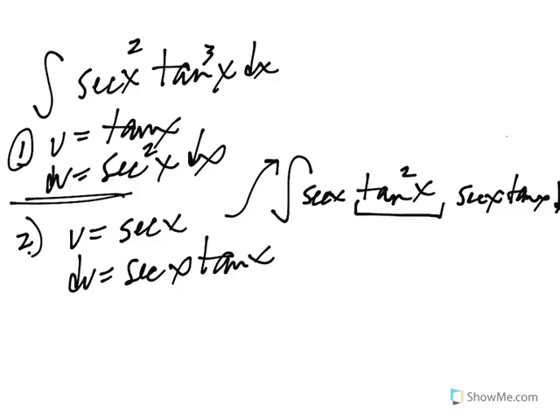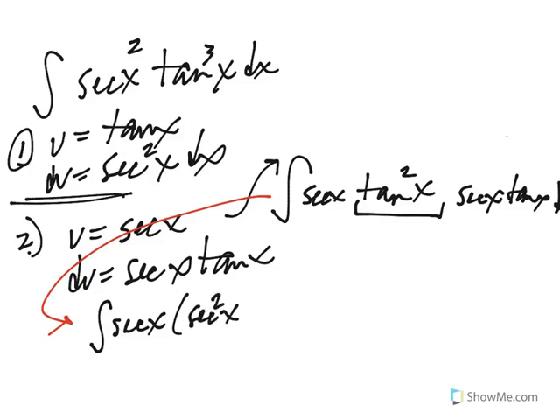However, I can take the tangent and replace it using a Pythagorean identity. This is secant squared of x minus 1 times secant x tan x dx.